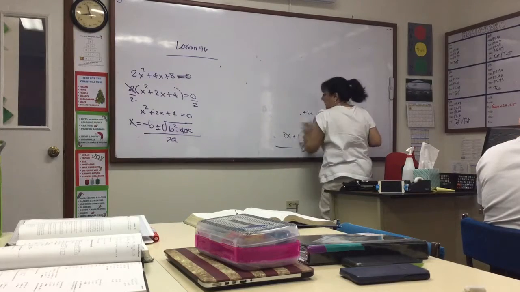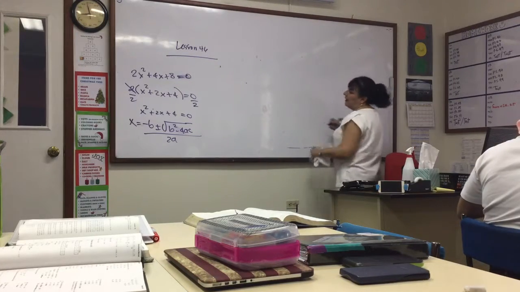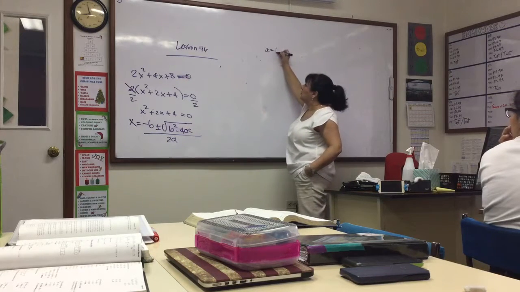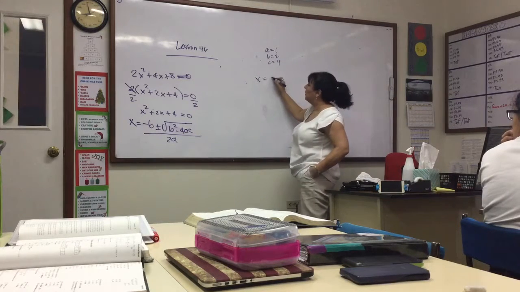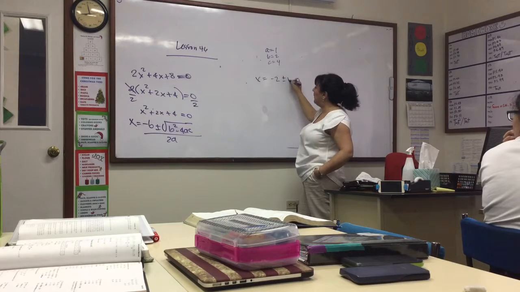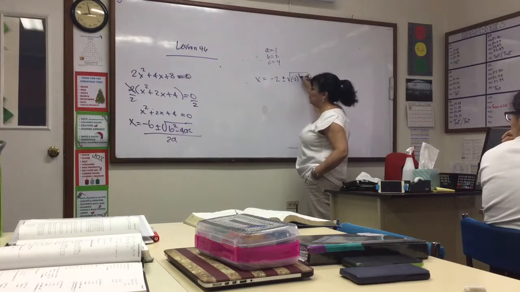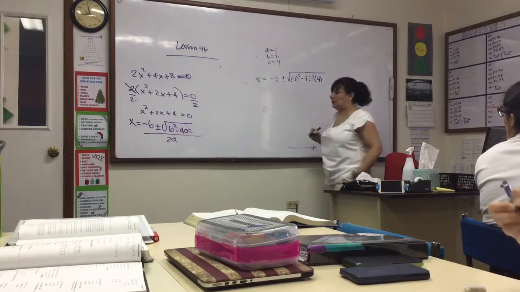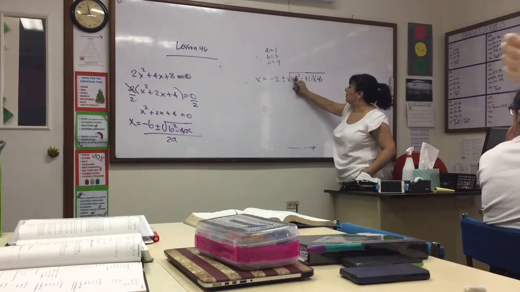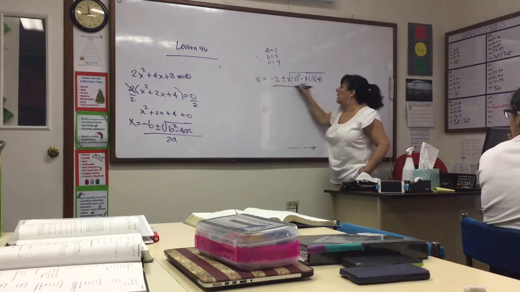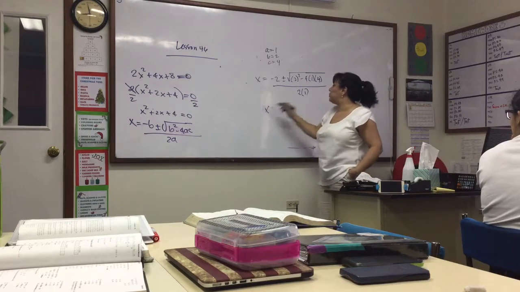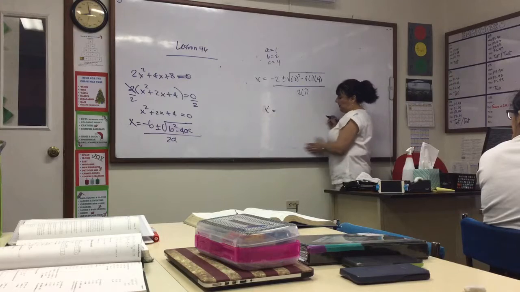So what would be a? a is 1, b is 2, c is 4. So x equals minus 2 plus minus the square root of 2 squared minus 4 times 1 times 4, over 2 times 1. There are a couple of things you should notice.